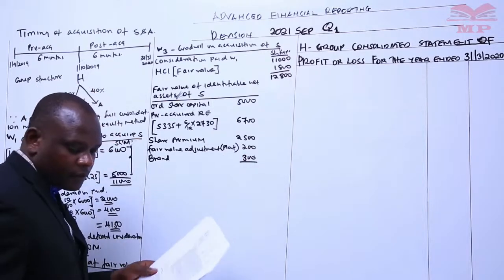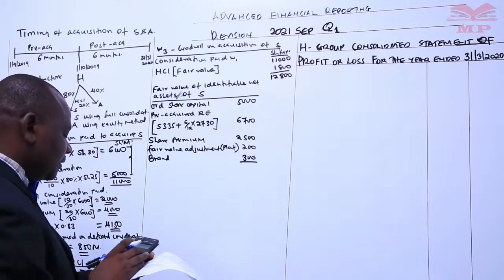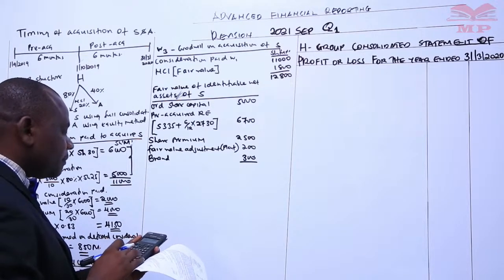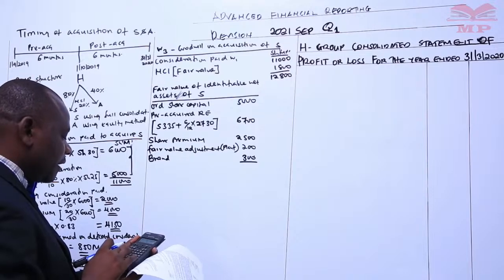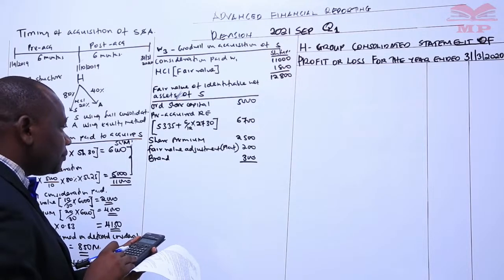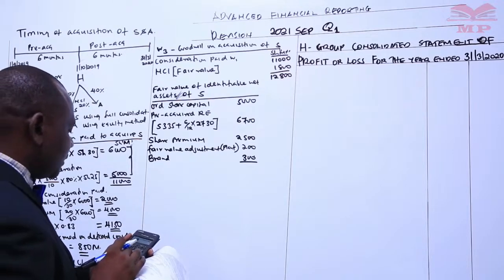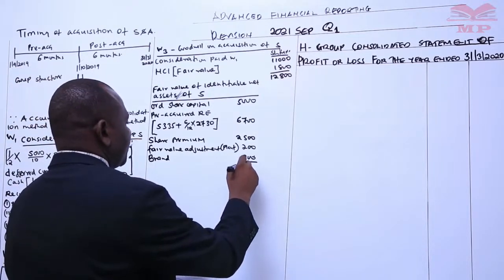So total fair value of net assets is 5,700 plus 2,500 plus 500, giving us 14,700.